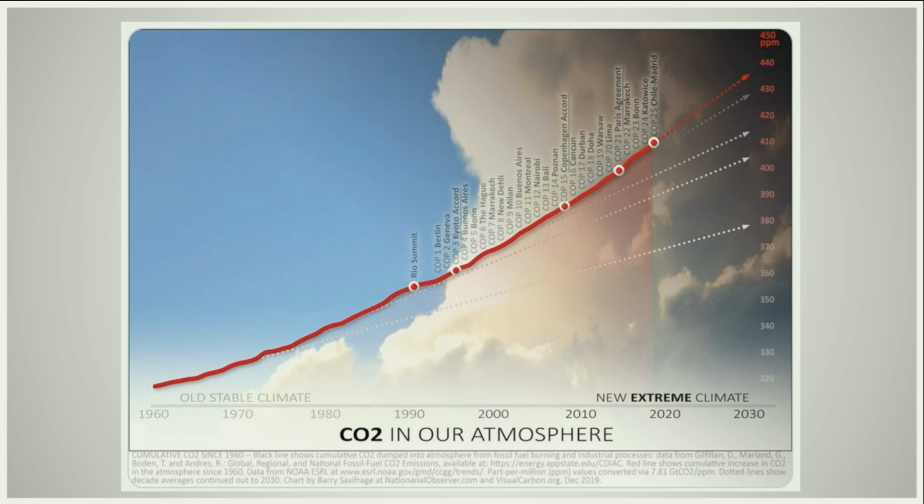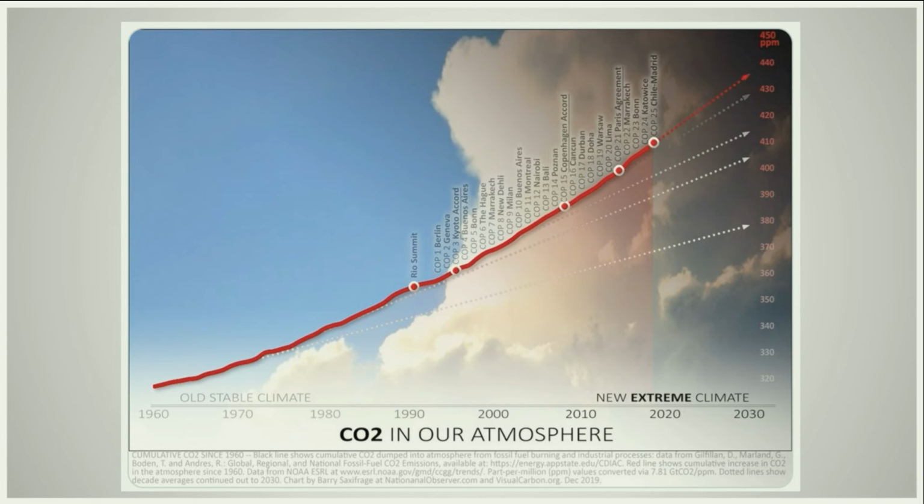And the big agreement was the Paris Climate Agreement of 2015, which is here. There was an earlier climate agreement and an even earlier one. So these are global climate agreements about reducing carbon dioxide levels. But we see that it doesn't matter whether you have an agreement or not.